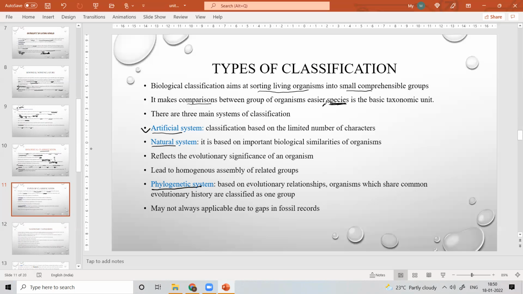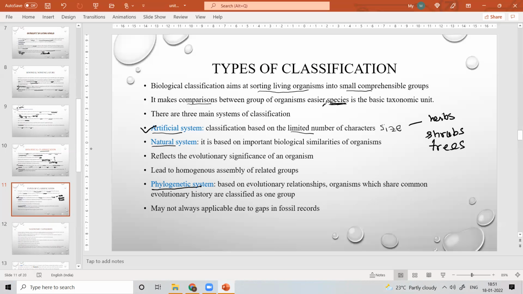So what is artificial classification? It is classification based on a very limited number of characters. Basically, if we only consider the size of the plant, we have herbs, shrubs, and trees.